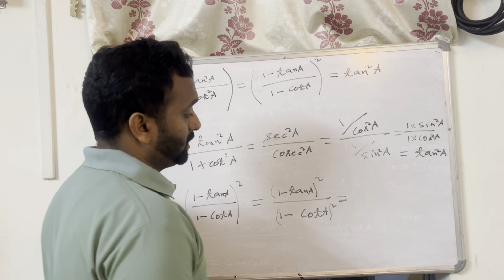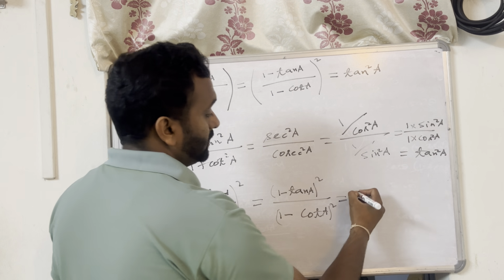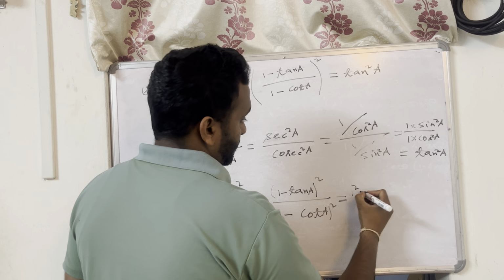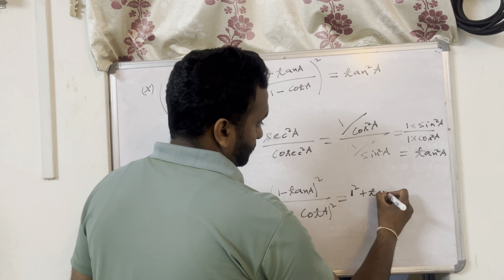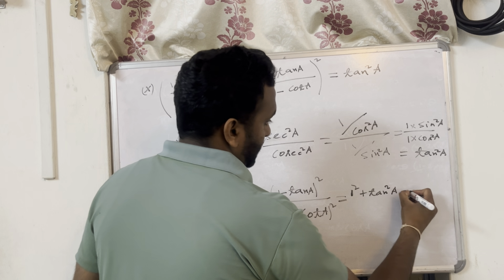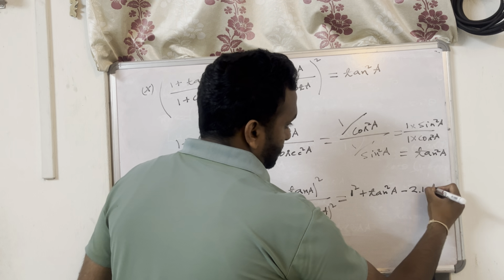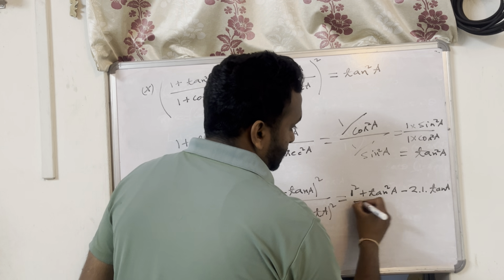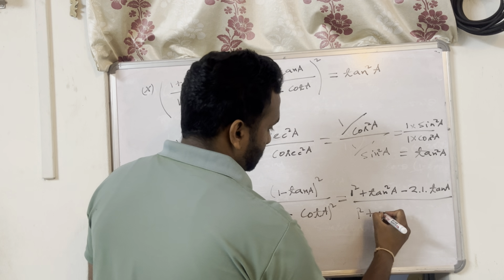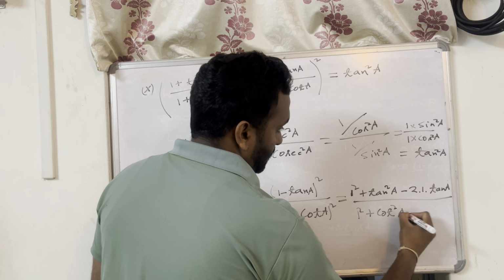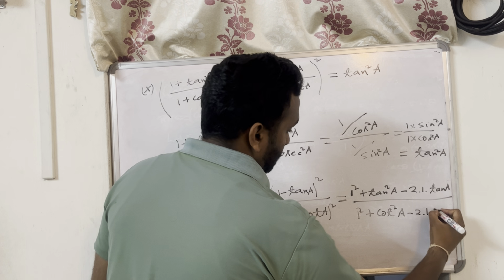We know the formula of (A minus B) whole thing square, so it's A square plus B square minus twice AB. Similarly, in the denominator we'll have A square plus B square minus twice AB.